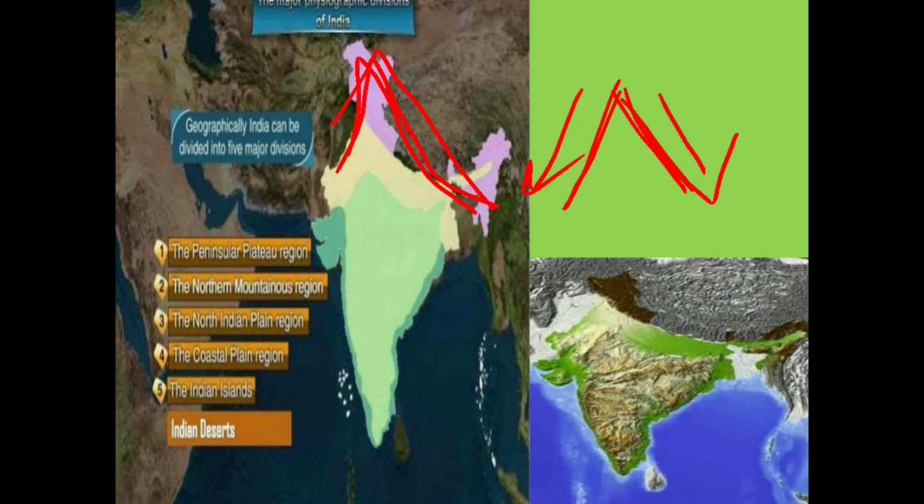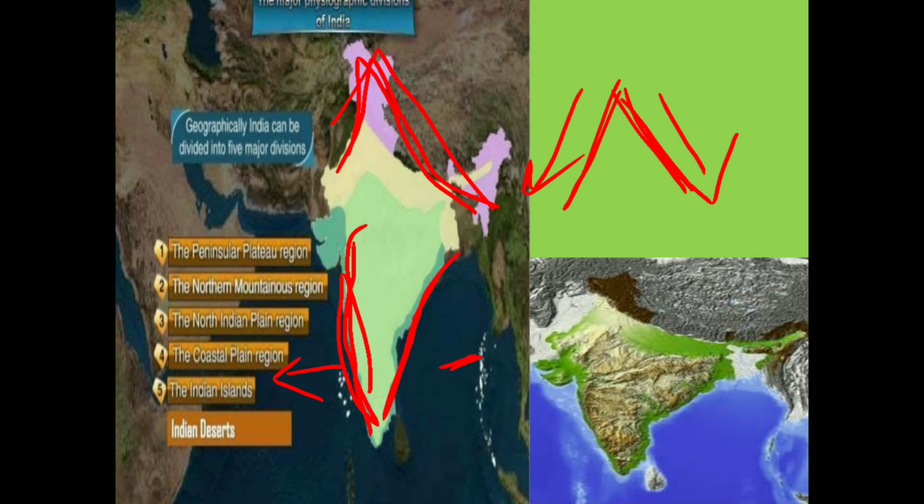We also have two other major mountain chains. These are the Western Ghats on the western side; this is the Arabian Sea and this is the Bay of Bengal. So on this side we have the Western Ghats and on this side the Eastern Ghats.